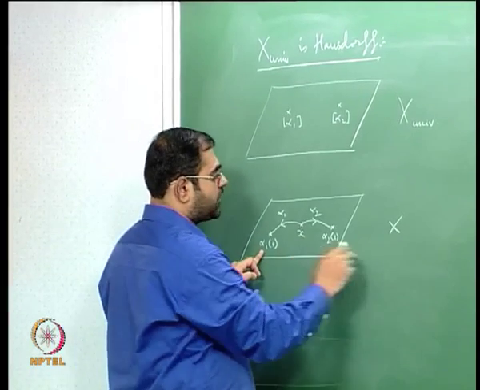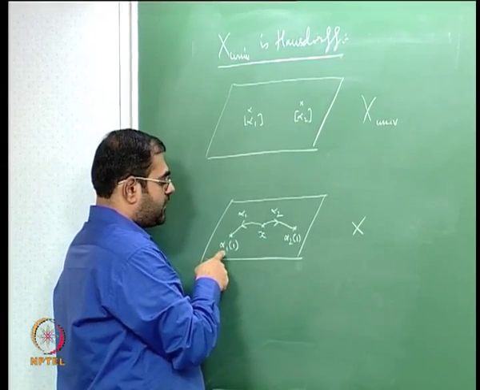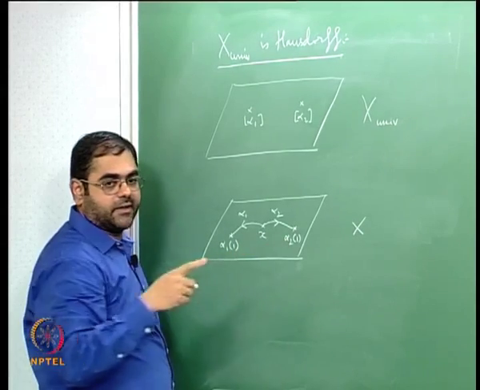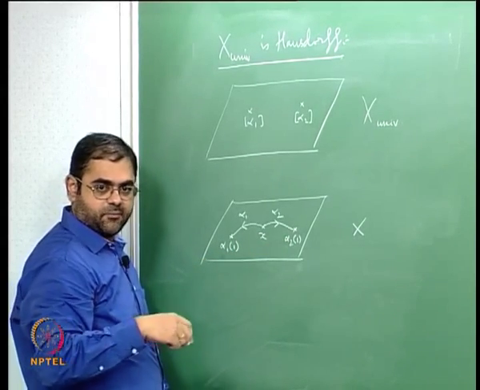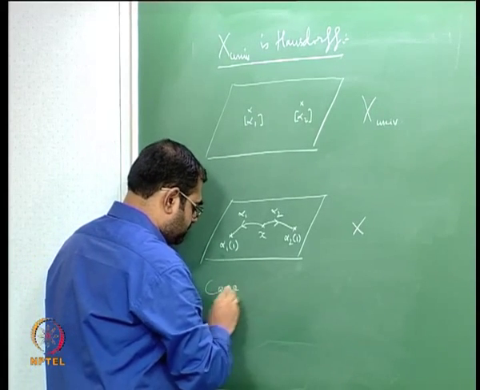There are two cases: when alpha 1 and alpha 2 have different endpoints and when they have the same endpoint.